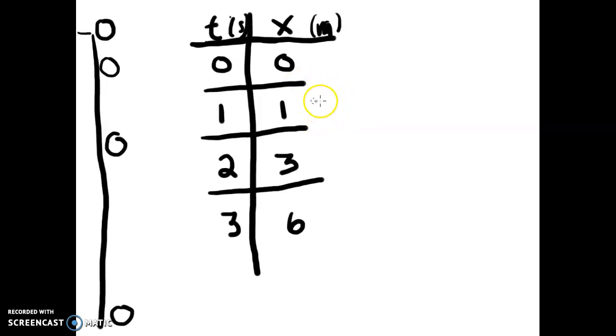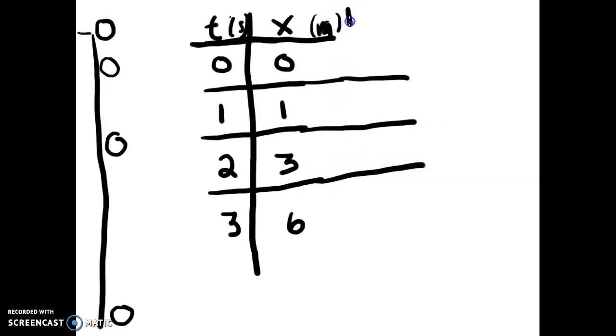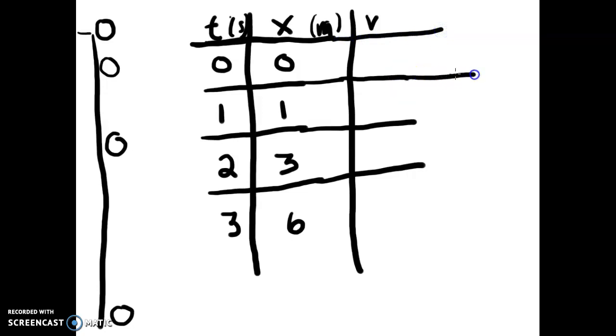And I'm going to tell you right now, in order to figure out your equations of motion, you're going to want to figure out your velocity by calculating the first difference. And I have a video on how to do the second and first differences.